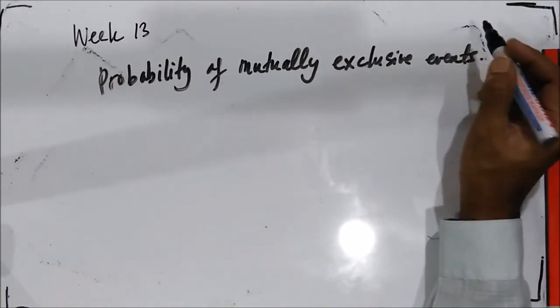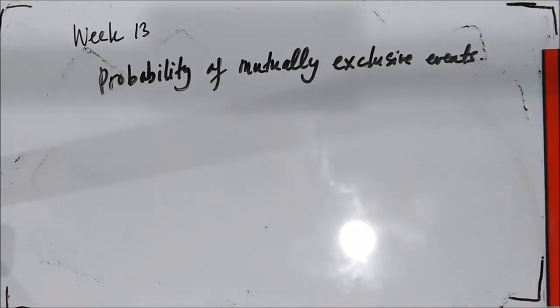The mutually exclusive event, by definition, is when two events cannot occur together. When two events cannot occur together, then the events are said to be mutually exclusive.